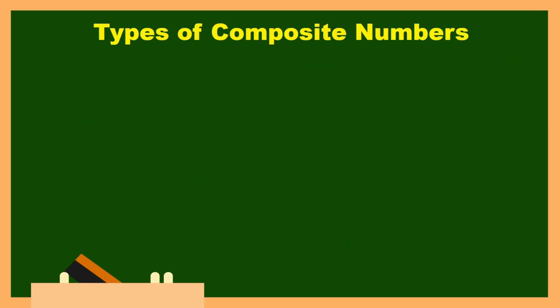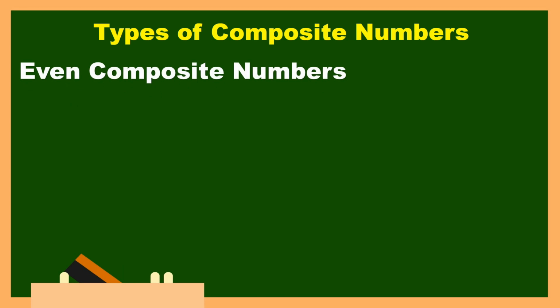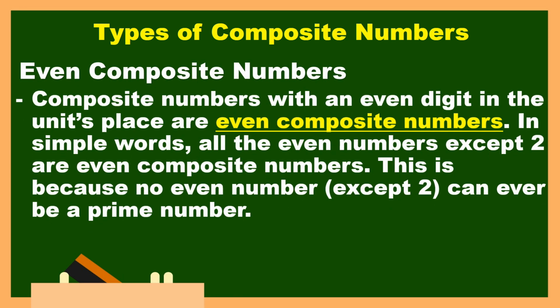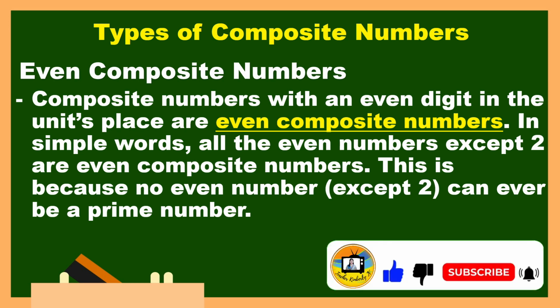Ano naman ang even composite numbers? Composite numbers with an even digit in the units place are even composite numbers. In simple words, all the even numbers except 2 are even composite numbers. This is because no even number except 2 can ever be a prime number.